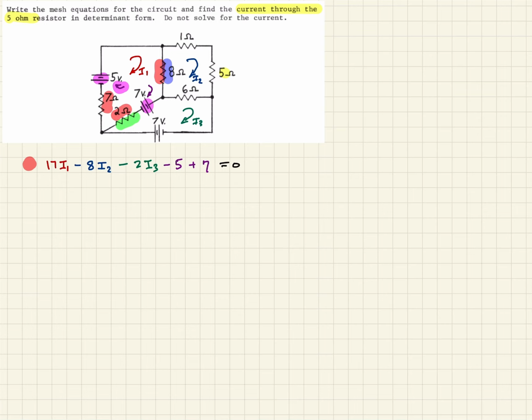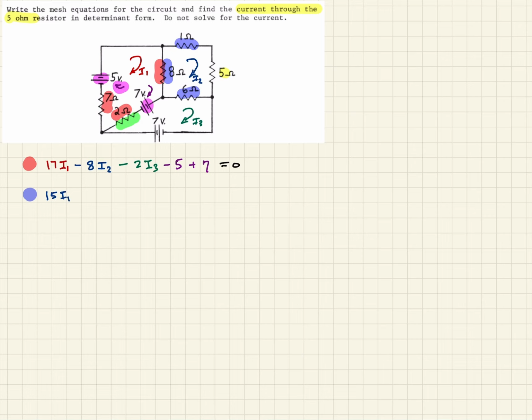Now we want to go to the loop associated with I2. In this case, we've got the 8 ohm. We already have it highlighted, but we also have a 6 and a 1. So that should give us 15, so that's going to be 15 I2.